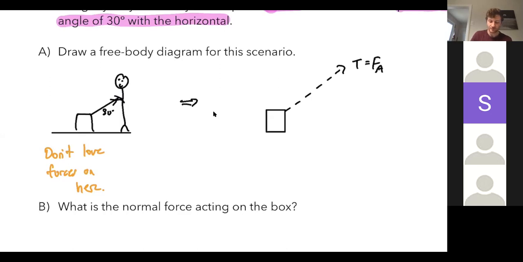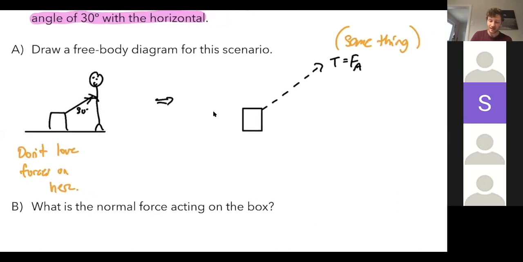They're the same thing. I like using tension better than applied force because I like TX better than FAX. That's just a little personal preference. I like one subscript rather than two. So I like using T. So we know that's happening.